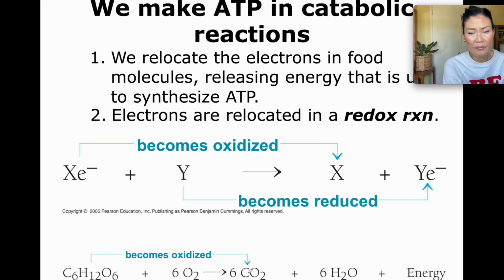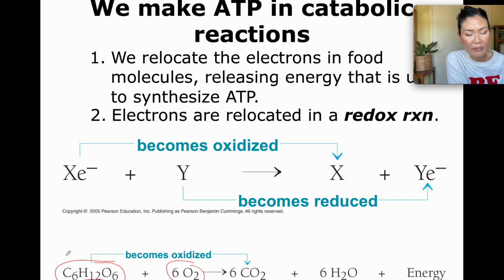So at the bottom, it got kind of cut off down here, but glucose is the molecule that we're really going to be focusing on when we discuss glycolysis and the Krebs cycle, okay? Glucose sugar, it becomes oxidized, it loses electrons, and the molecule that's gaining those electrons is oxygen, okay?